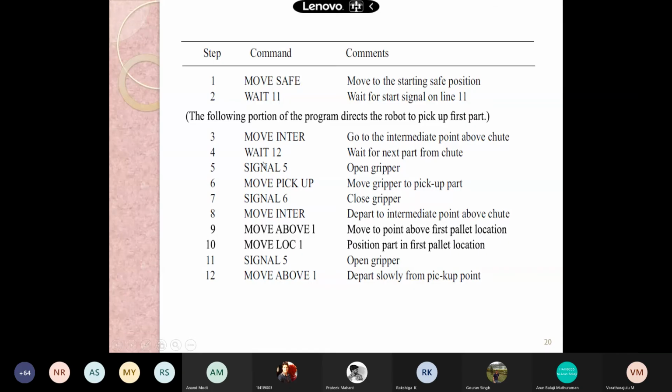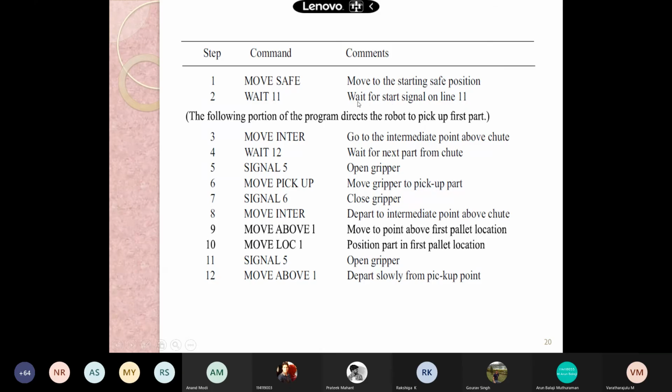I have already said wait 1 1 relates to signals. To give the signals, we are using ports 1 to 10, and those control ports 1 to 10 were allotted for signals, and control ports 1 to 20 were allotted for wait signals.